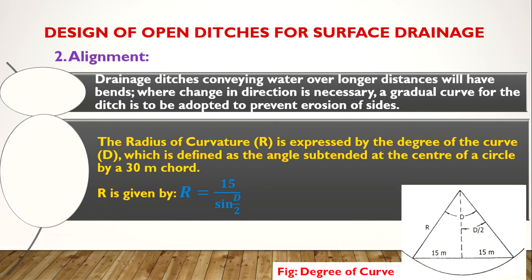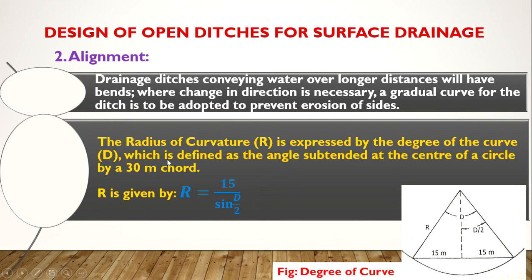In that case we cannot construct it in a straight manner. Sometimes some curves, some turns will be needed. In that case we should not give any sharp or corner turn. We have to give a curvilinear, curved turn.